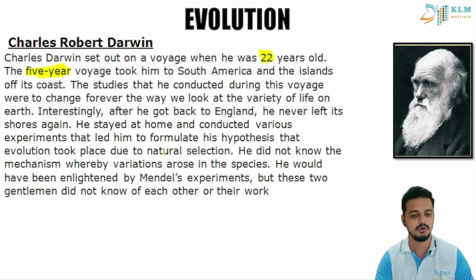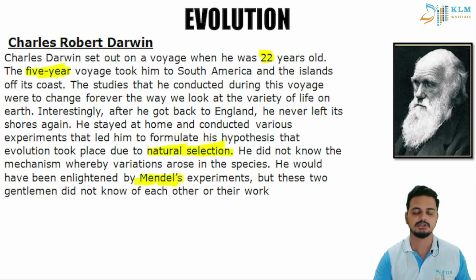He stayed home and conducted various experiments that led him to formulate the hypothesis that evolution took place due to natural selection. This is the most important phenomenon that has happened on Earth. He did not know the mechanism whereby variations arose in the species. He would have been enlightened by Mendel's experiment.